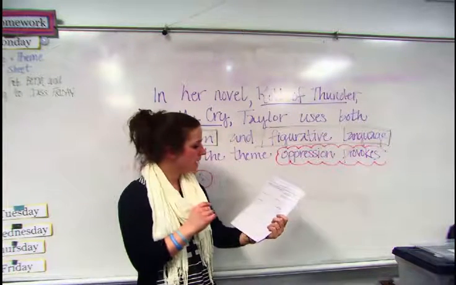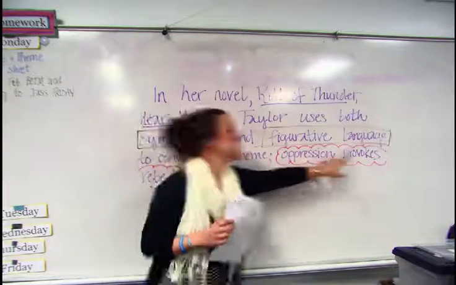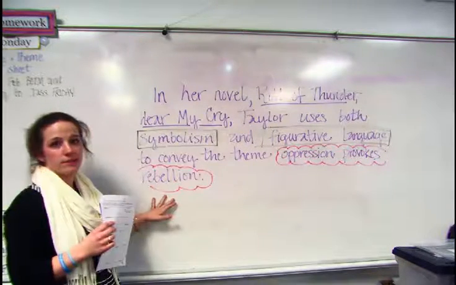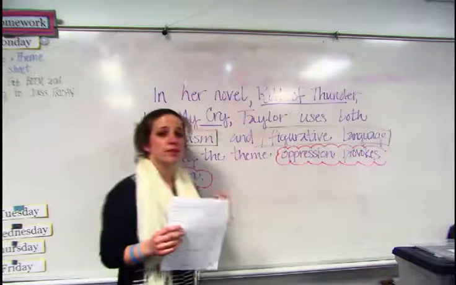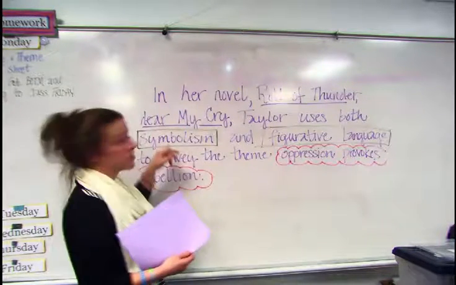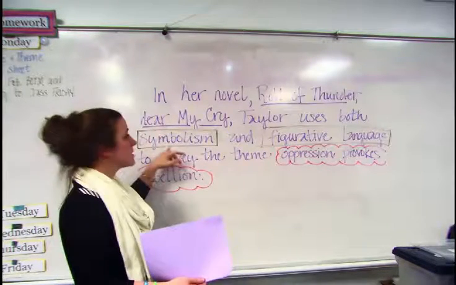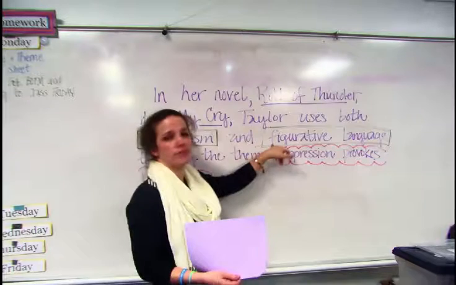So that's actually my controlling idea. The theme is oppression provokes rebellion. And my two literary devices that I'm going to be using to show that she conveys that theme are symbolism and figurative language.